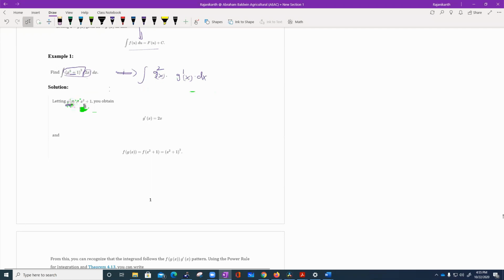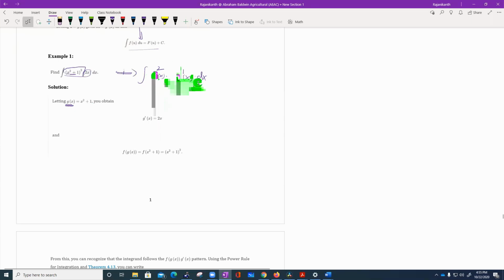Because if my g function is x squared plus 1, then the derivative of g function, which is g prime, is 2x. That is right over here, right? So if you see one function here and its derivative here, we call this a pattern.